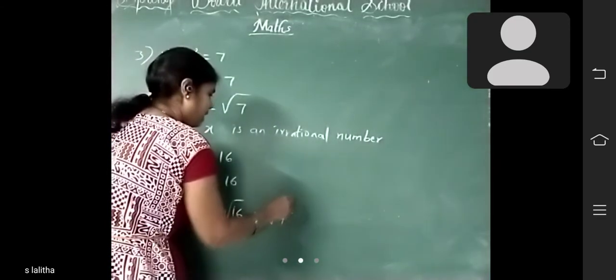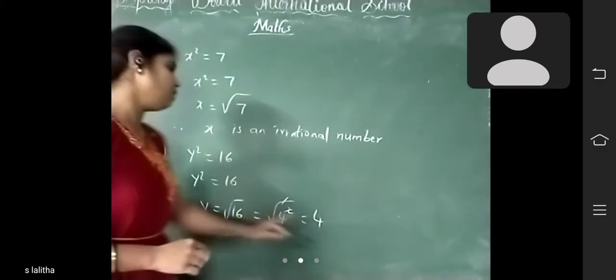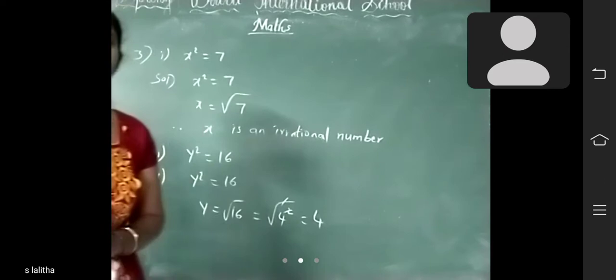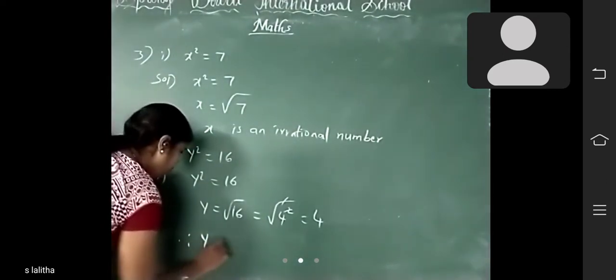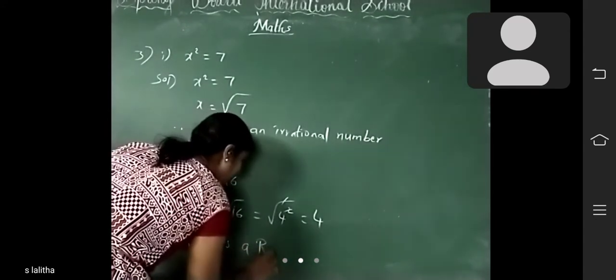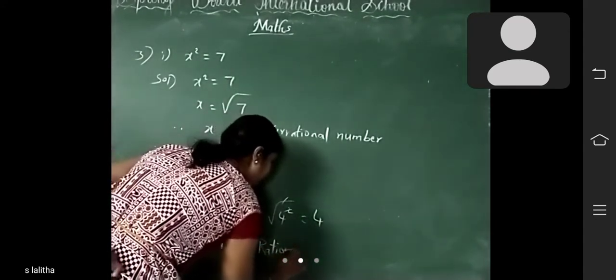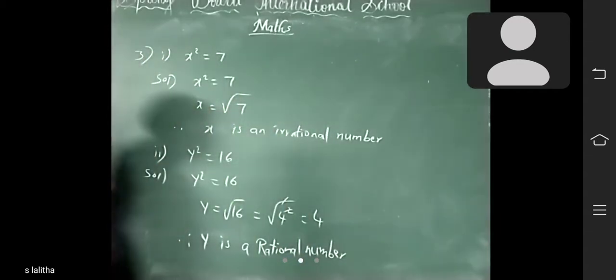Okay, so square and square root will be cancelled. What is the answer? 4. So y equal to 4. Is 4 a rational or irrational number, children? Rational. So, therefore, y is a rational number. Okay, children? Come on, write.